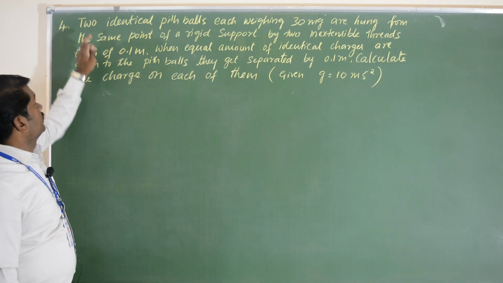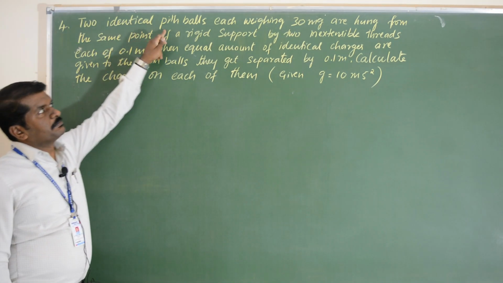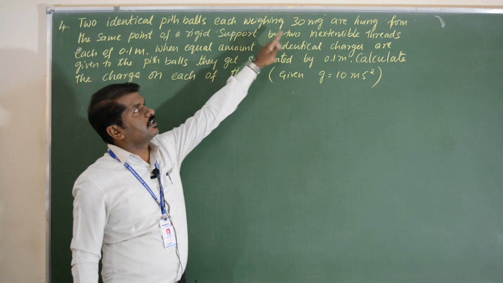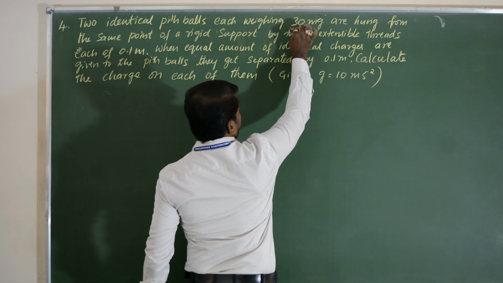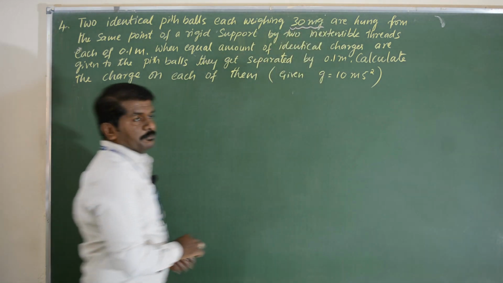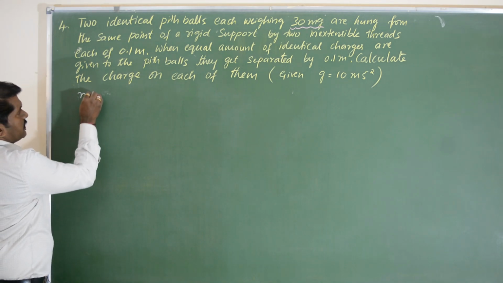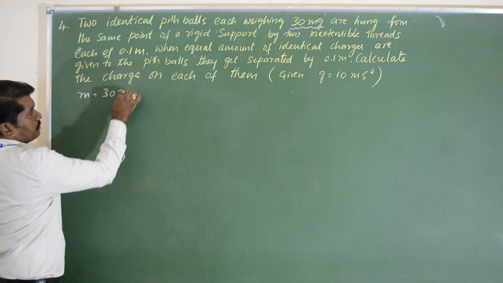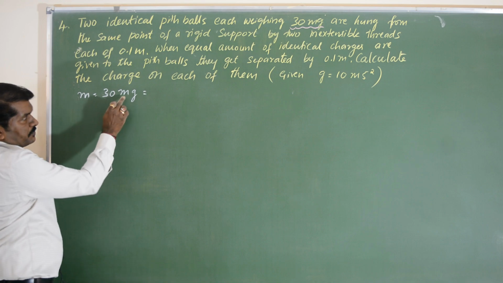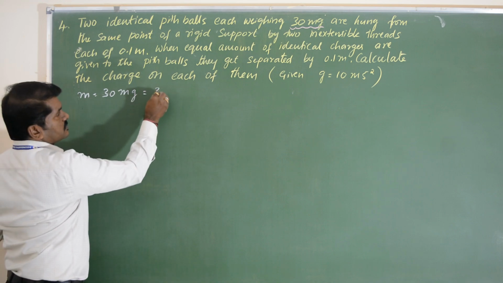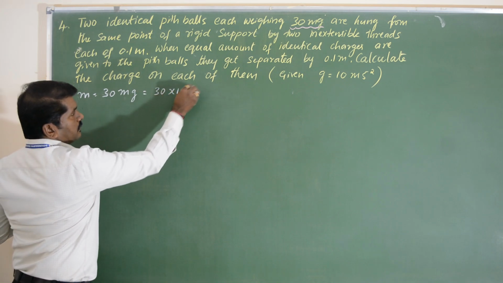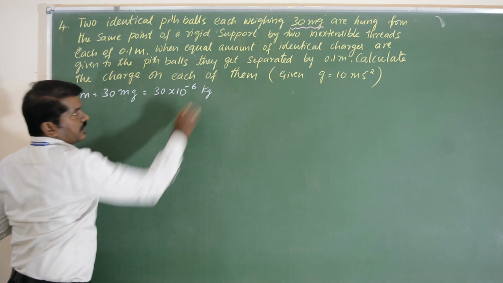Next problem. Two identical pith balls, each weighing 30 milligram. So they have given the mass of the pith balls, that is m is equal to 30 milligram. If you convert milligram into kilogram, that becomes 30 into 10 power minus 6 kilogram.